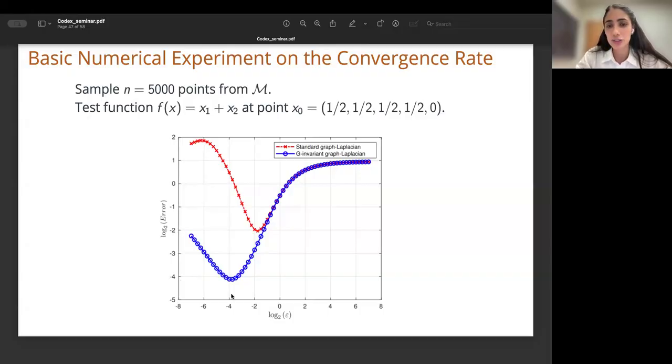But it's not only that, it also shows us that with the same number of data points, your epsilon can be smaller, so that means that you're looking closer into the geometry of the manifold. So you're getting closer to the actual local geometry of the manifold and not looking so much at the ambient Euclidean space.